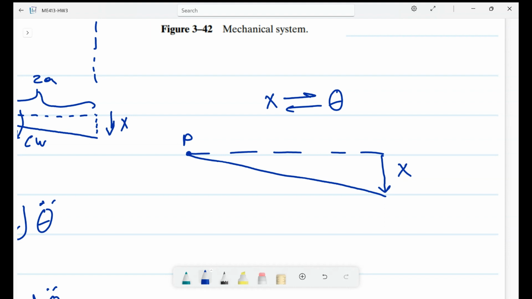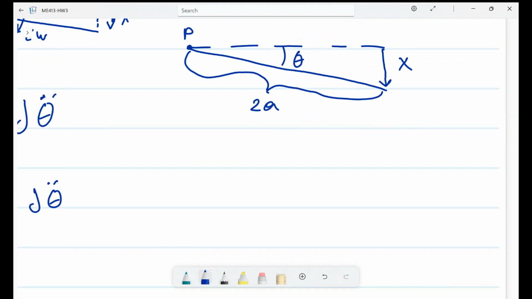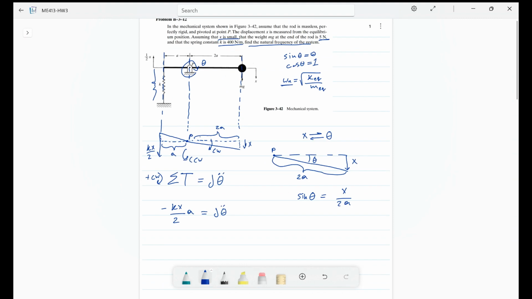We have theta here, and this is 2a. So you have everything. So sine theta will equal x over 2a, right? And from before we said that sine theta for small displacement is equal to theta.